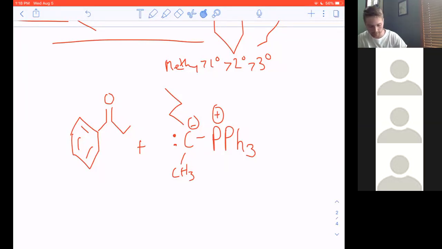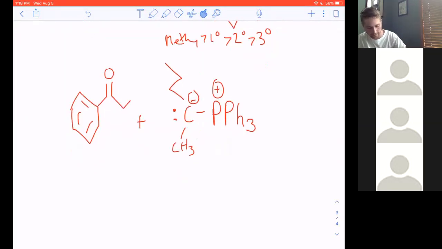Okay, so looking at the possibilities, you should know that what's going to happen is you're going to replace the ketone once again with that double bond for the alkene. So you're going to have two possibilities stereochemically.